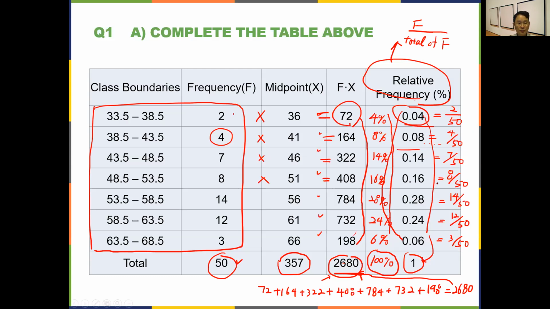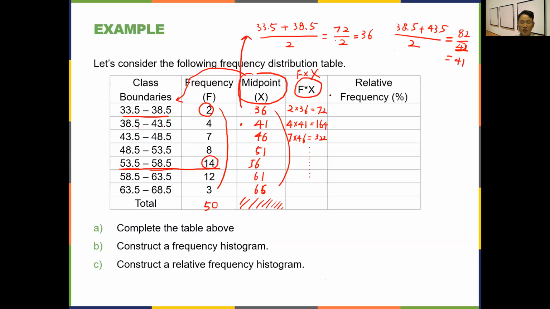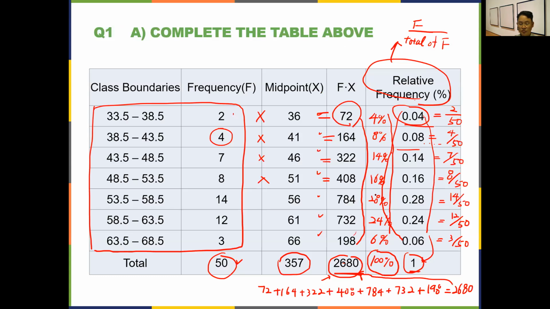But sometimes you do have that problem. If you do, then you may end up with something a little bit small, something a little bit big, and that's totally fine, right? So we completed the table just like this.